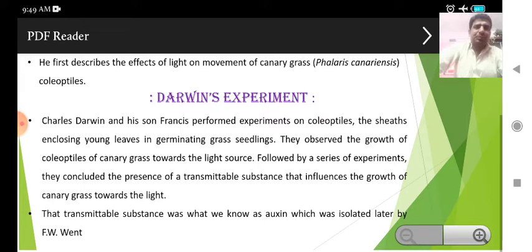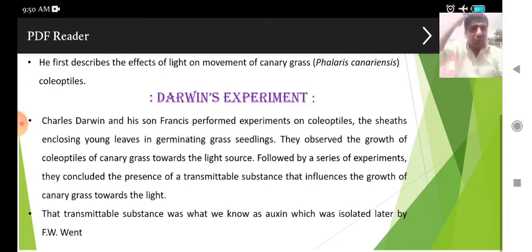Darwin, with his son Francis, performed experiments on coleoptile, the sheath enclosing the young leaves in the germinating grass seedling. So Phalaris canariensis is the canary grass. Darwin and his son Francis observed that the coleoptiles of canary grass grow towards the light source.